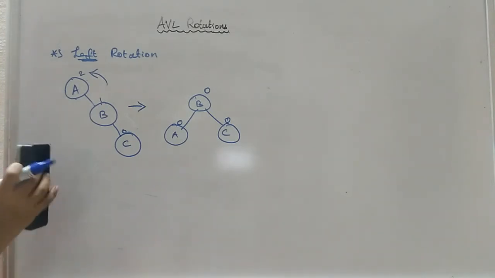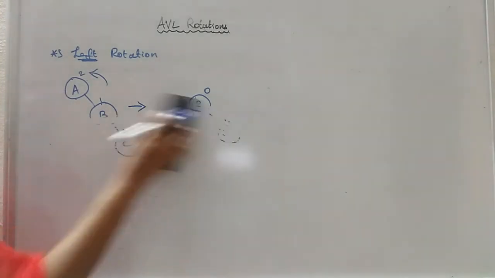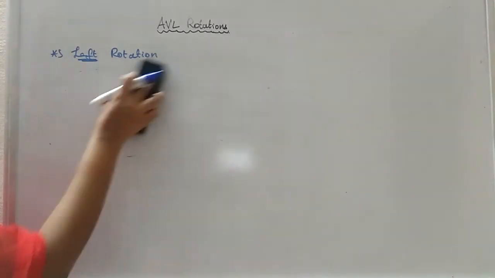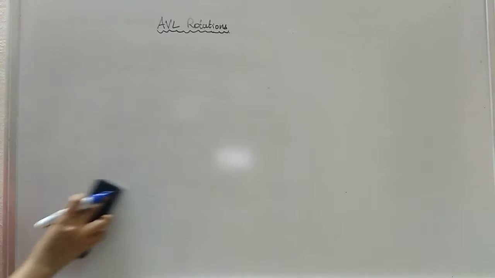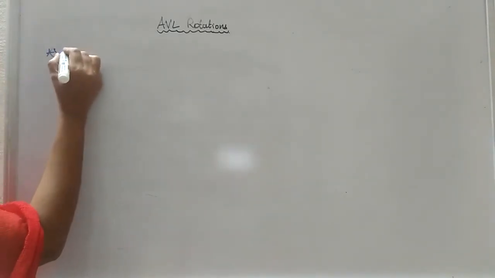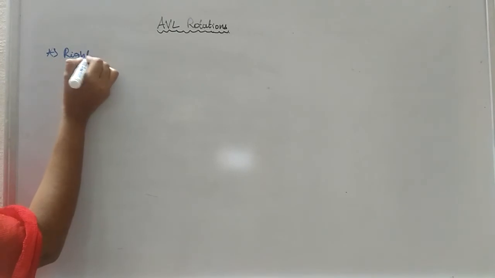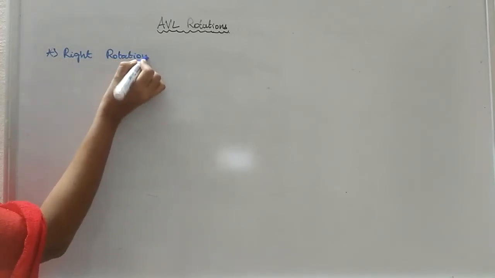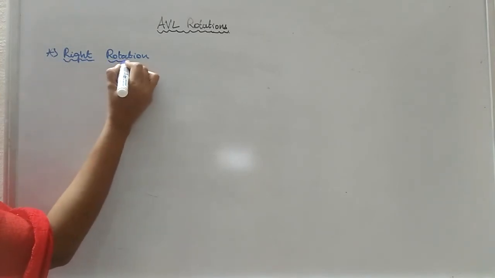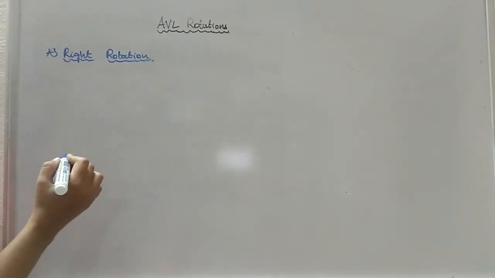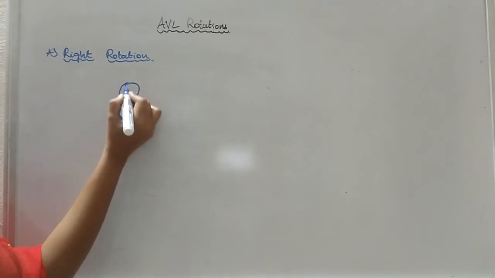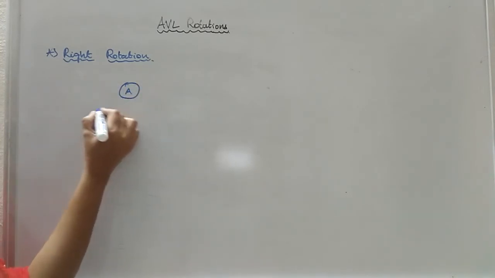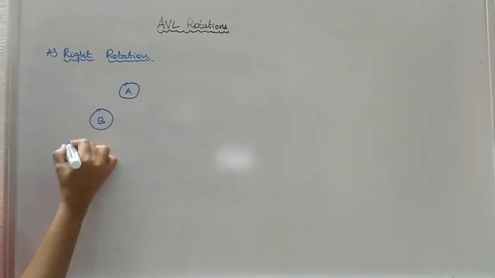And the next one is the right rotation. Let's see one example for right rotation. You can consider this diagram.